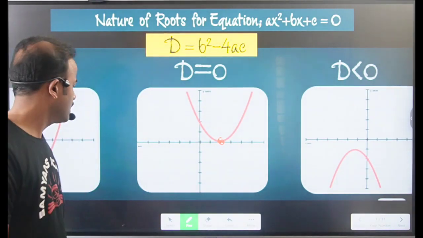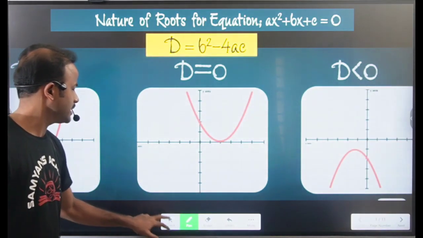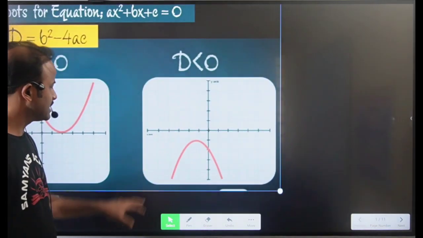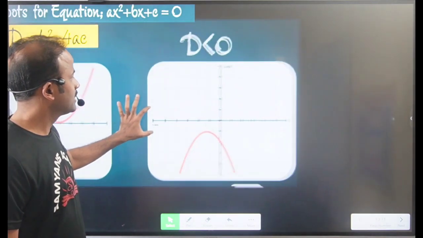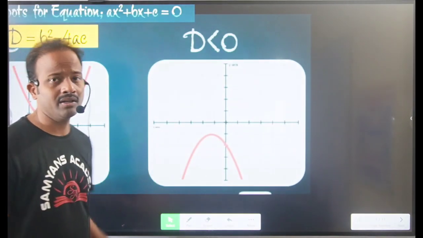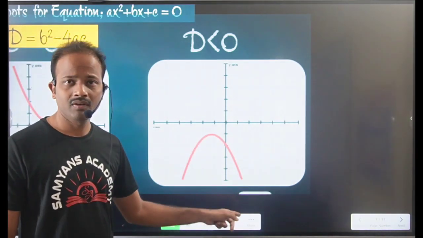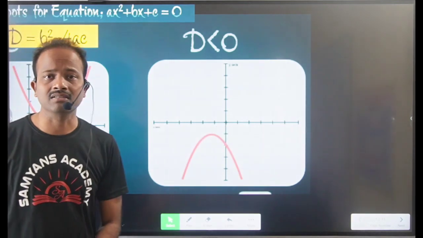Is it clear? Now let us see the case where the discriminant value is less than 0. What is the nature of the roots you will get here? No real roots exist. When you observe this graph, it does not touch the x-axis.